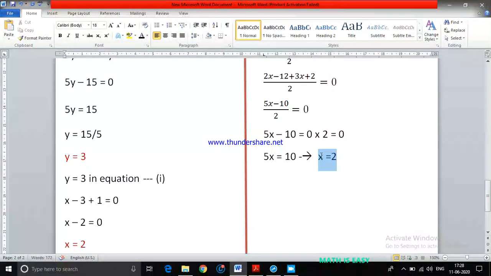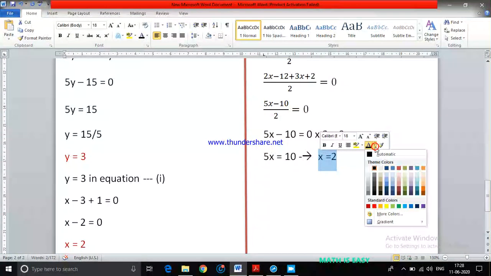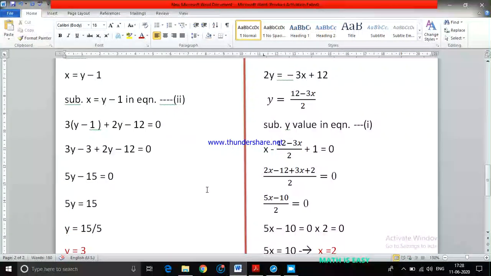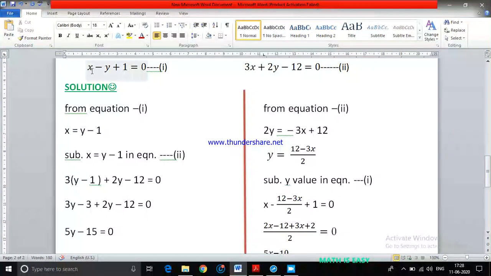So now I got the x value as 2. If you want, let me put a different color because this is an answer. So here I will write, substitute x equals to 2 in maybe equation 1 or equation 2. I'll go for equation 1. So x equals to 2, I have to substitute in equation 1. Equation 1 is x minus y plus 1 equals to 0.